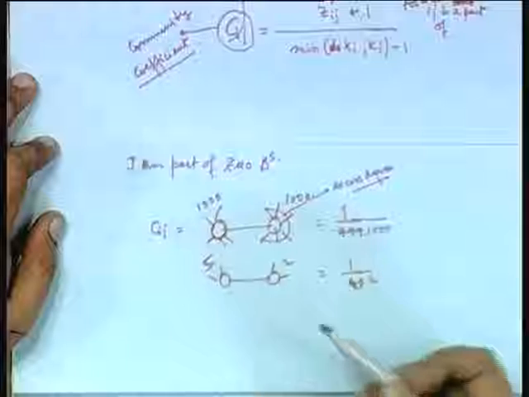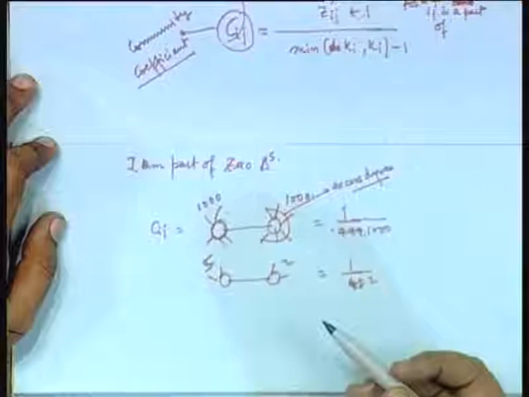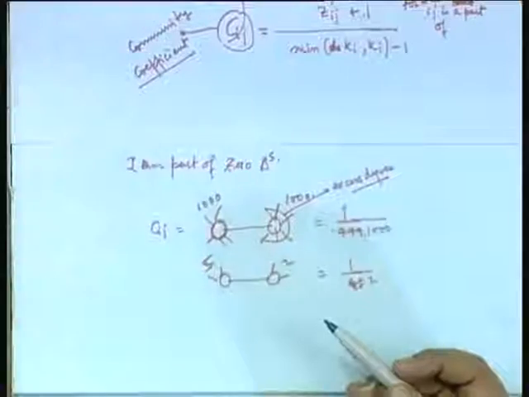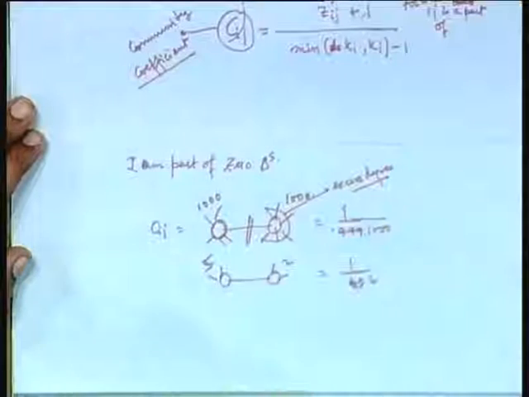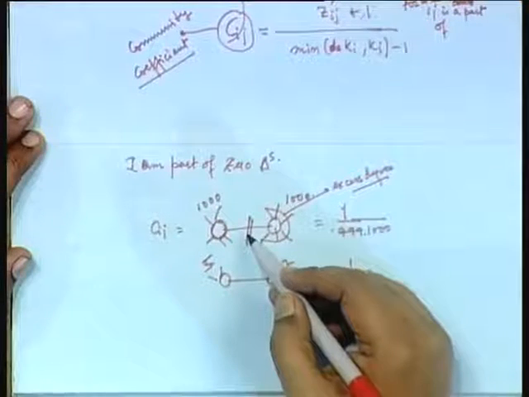Okay. So, great. So which should be removed? Which is a more community bridging edge? This one is a better community bridging edge? Yeah, obviously, this one is a better community bridging edge.